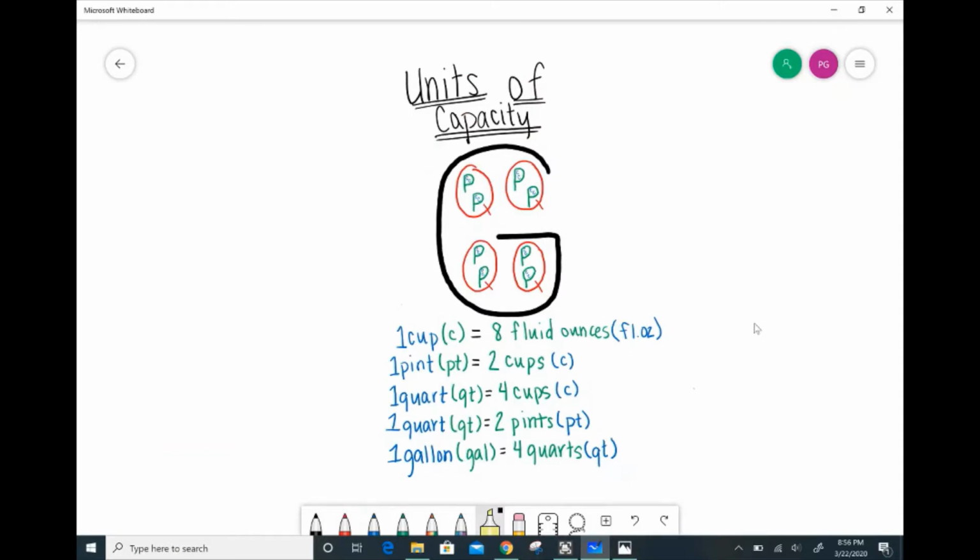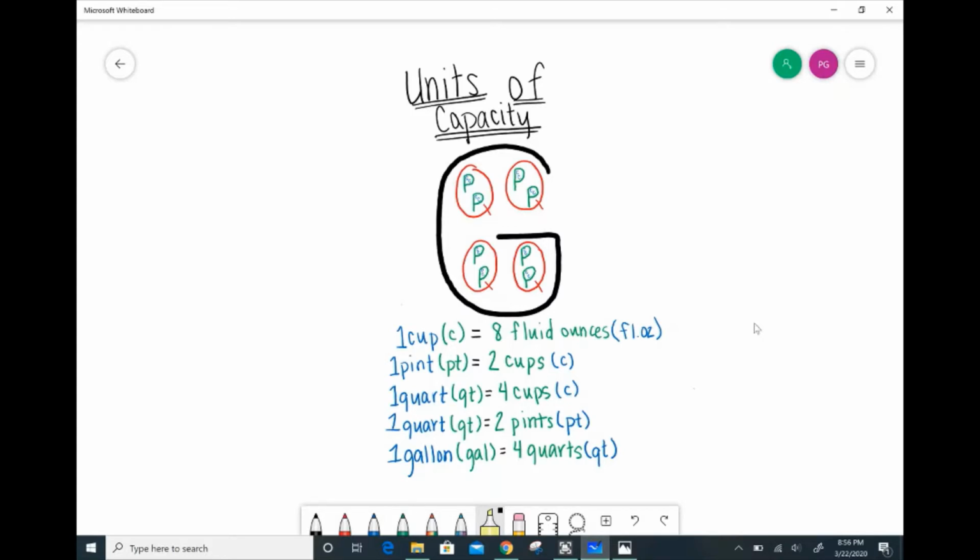Alright, boys and girls, right here we have our anchor chart for units of capacity. Now, we know 1 cup equals 8 fluid ounces, 1 pint equals 2 cups, 1 quart equals 4 cups, 1 quart also equals 2 pints, and 1 gallon equals 4 quarts.